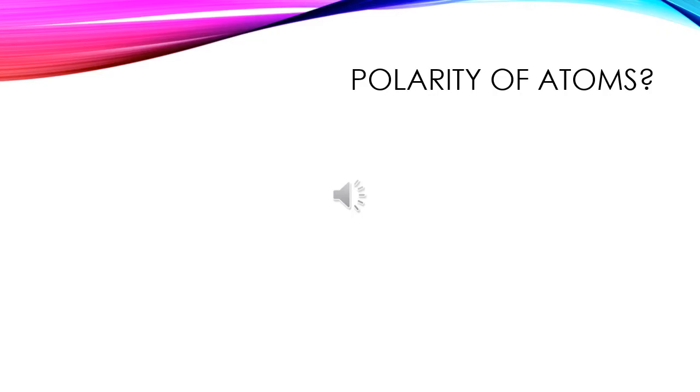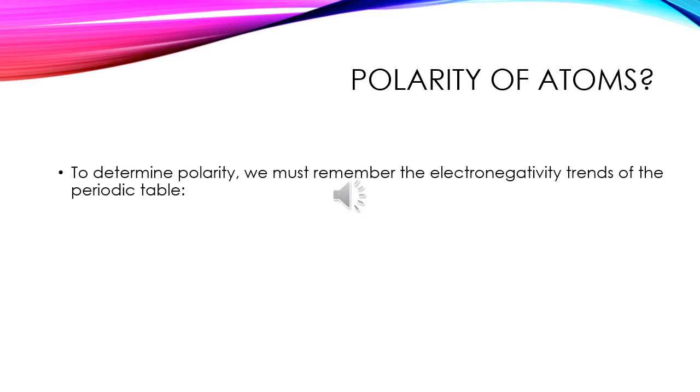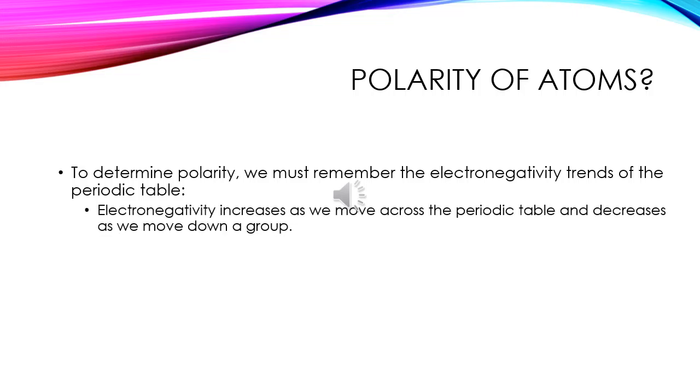The last and final step in determining whether or not SF6 is a polar or nonpolar molecule is to look at the polarity of each individual atom in the molecule. To do this, we have to remember the electronegativity trends of the periodic table. Electronegativity increases as we move across the periodic table and decreases as we move down a group.